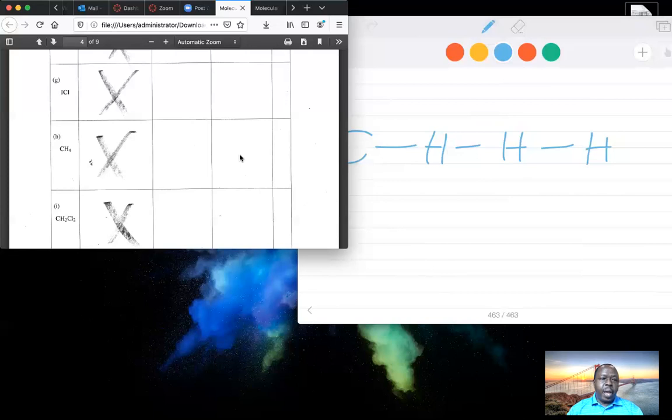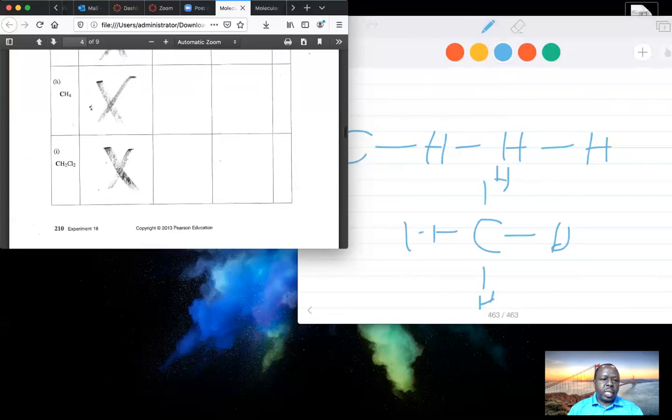Somewhere in the handout, it talks about the central atom. That means it's going to go in the center. The bolded one goes in the center with the connection like that, all right? So this is what you need to know in terms of the bold or the central atom.